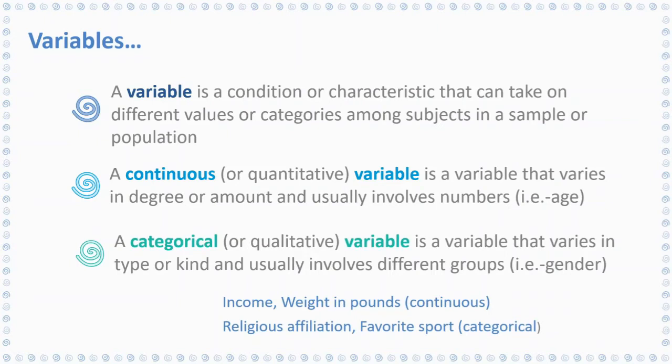So a certain type, what's everyone's favorite flavor of cupcake, or something like that. Gender is a good example. Some other examples for continuous might be income or weight in pounds. Categorical examples might be religious affiliation or favorite sport.